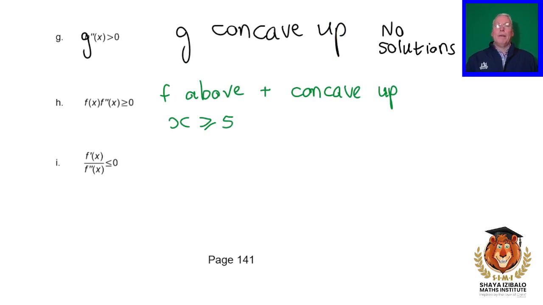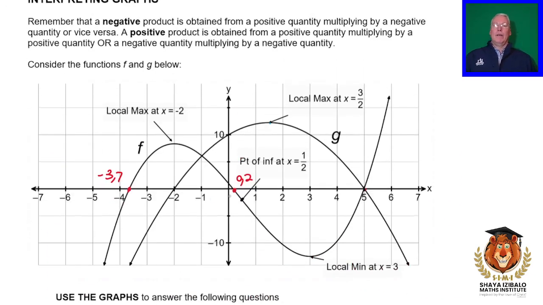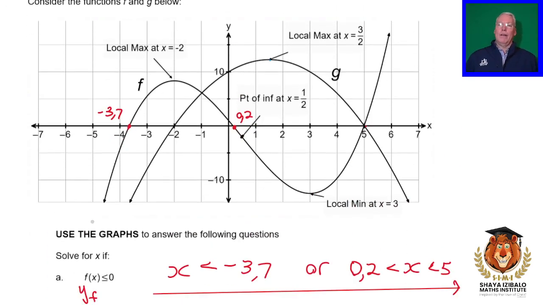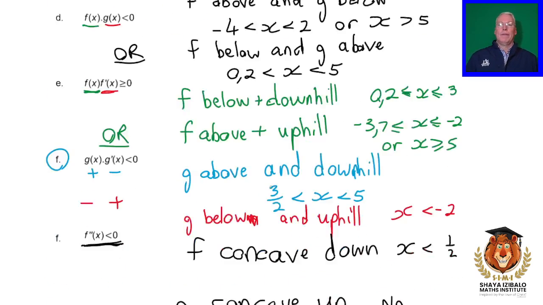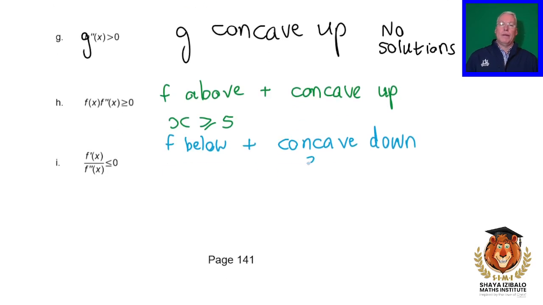All right, the other possibility here is to have f below, that'll be a negative value, and the second derivative negative, because then we'll have two negatives, which will make a positive product, and concave down. Okay, f below and concave down. F is concave down here, but it's above at this, oh okay, below and concave down, less than or equal to -4.